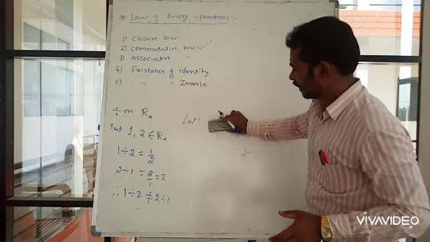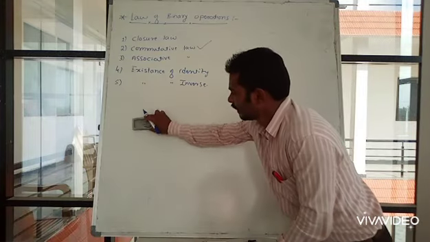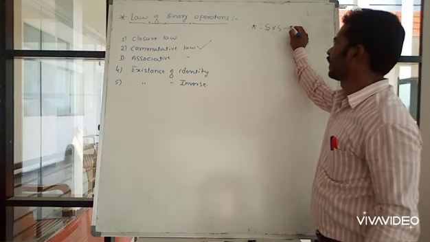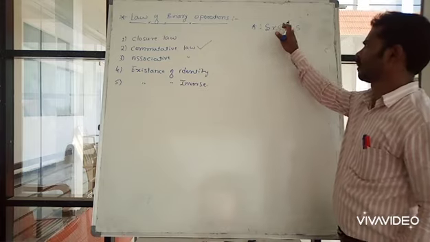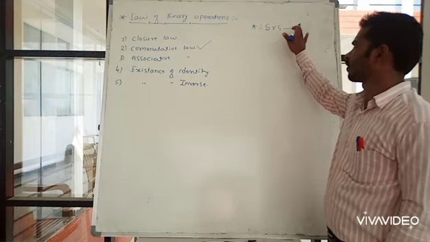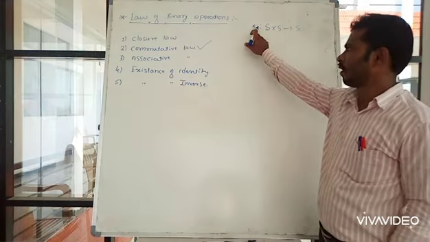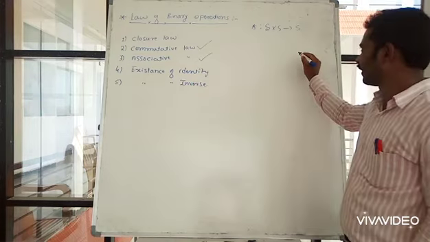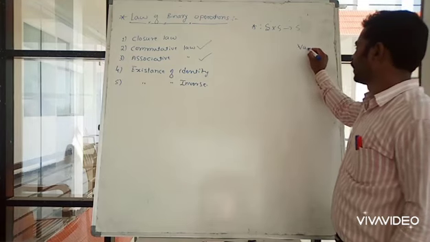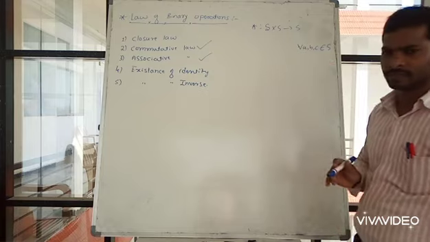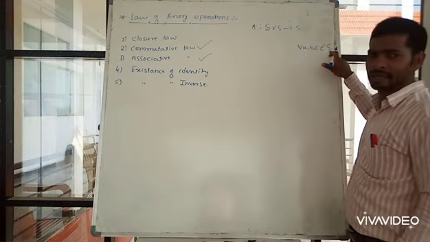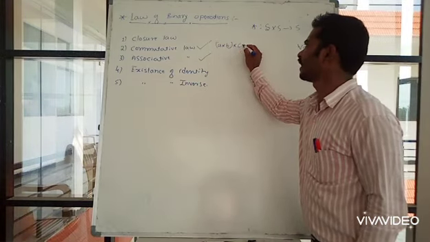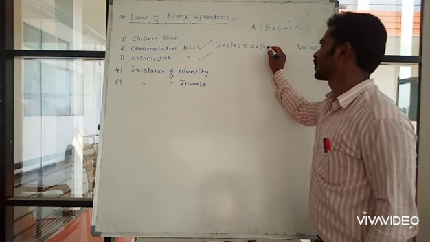Next one, the associative law. Here star is a binary operation on the set S, which means it must be a function from S cross S to S. This operation on the set S is said to be associative, or to satisfy the associative law, if for every values of A, B, C in S, the result (A star B) star C must be equal to A star (B star C).